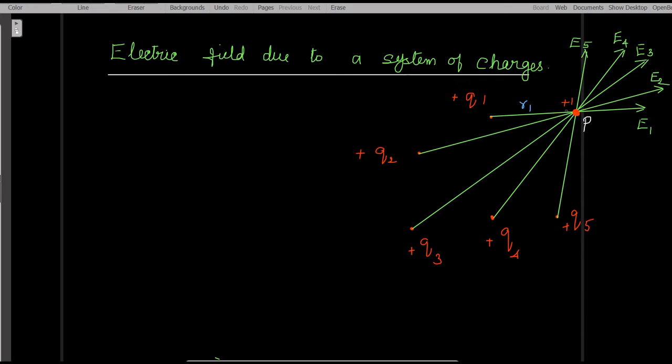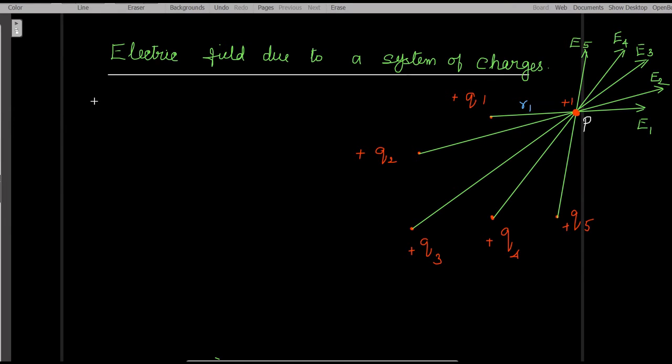So the vector sum of all these forces will be the net force experienced at P. Since a unit positive charge is placed at P, these forces are represented as electric fields, electric field intensities, E1, E2, E3, E4, etc. Now let us calculate the net electric field E if the whole system is placed in free space or vacuum medium.